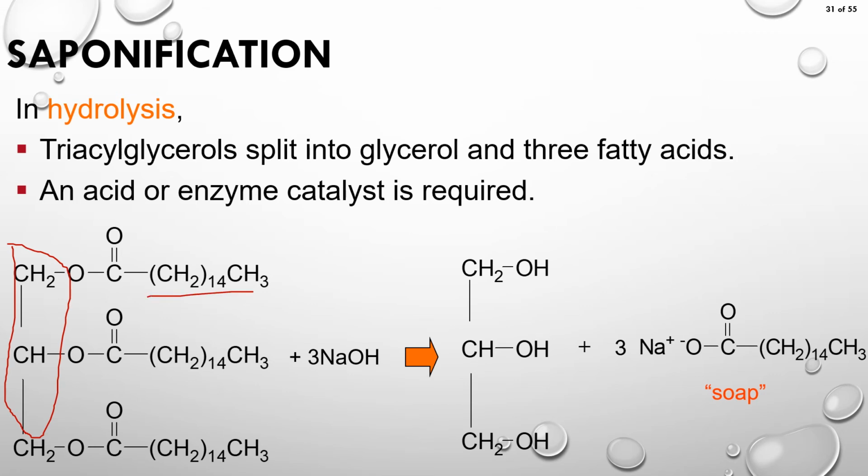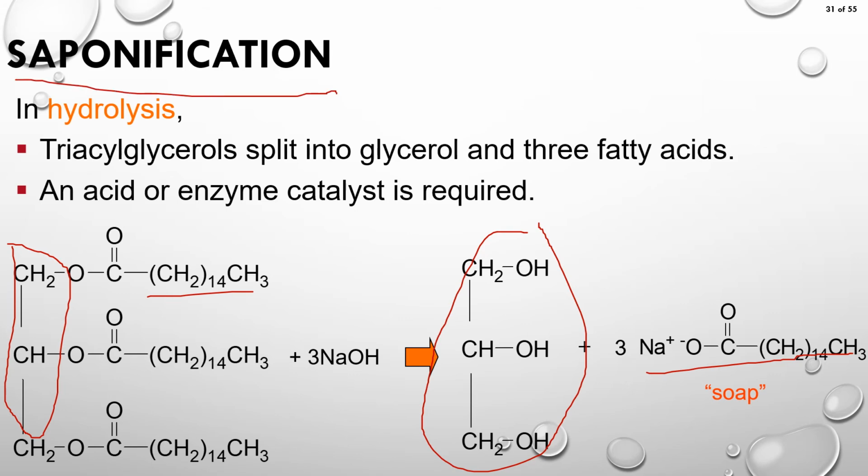In this case, this is palmitic acid that reacts with sodium hydroxide and by the action of heat to produce a molecule of glycerol and 3 molecules of sodium palmitate, which is also called soap. So alkaline hydrolysis produces the salt of the fatty acids, which are called as soap. This is known as saponification. So soaps are salts of fatty acid.